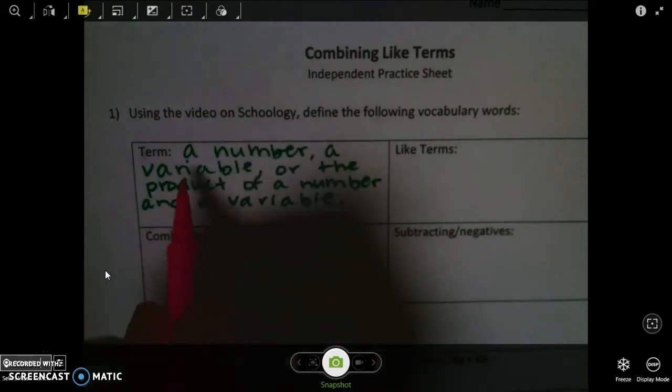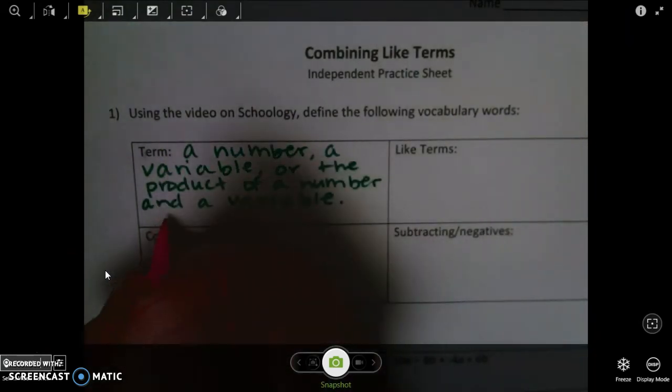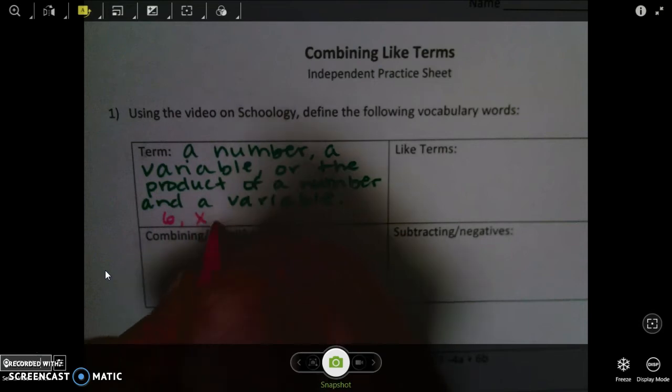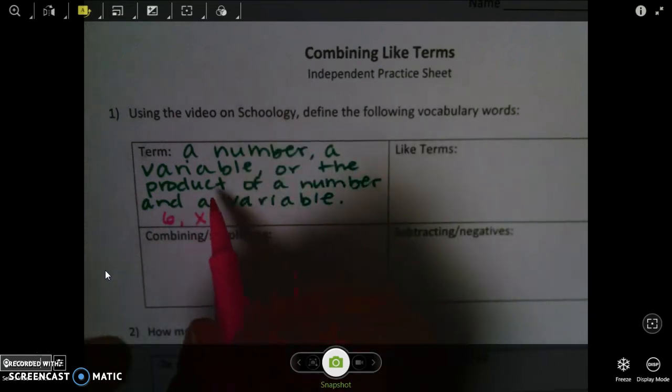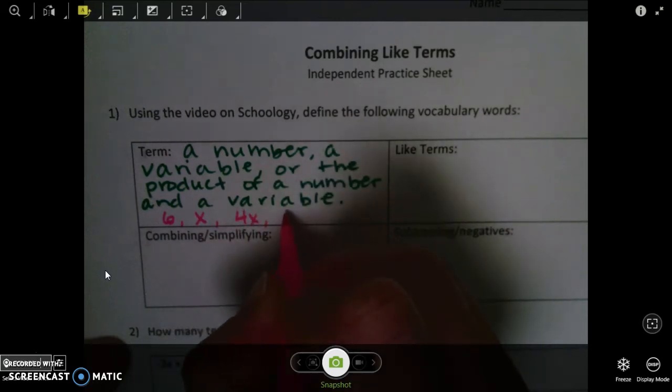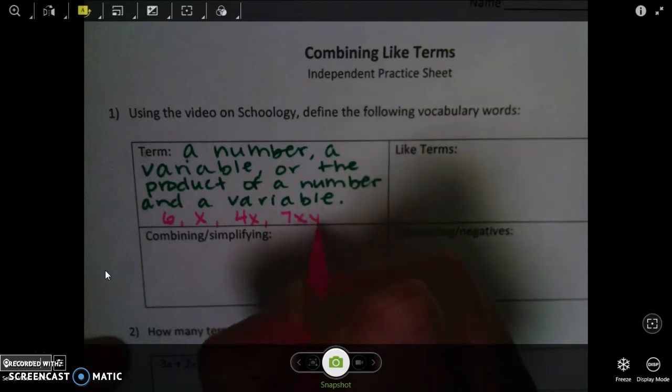So for example, a term that would be a number would be something like 6. A term that could be a variable would be something like x. And a term that could be the product of a number and a variable might be something like 4x or 7xy.